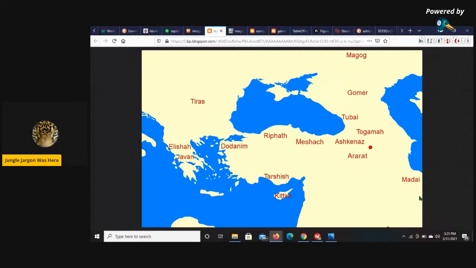Of course, because it's the same family, even though it's on the other side of the world, it's still from the same family originally. And of course, we know the Asians, Gomer and Magog, they have the highest percentage of Neanderthal DNA, autosomal DNA, in their populations.